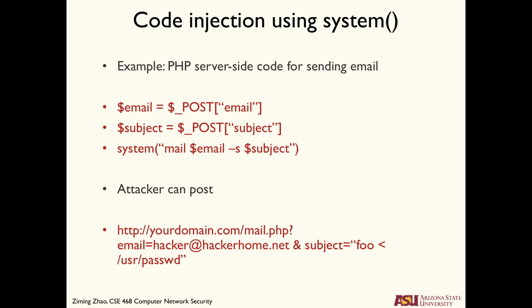If we put this into the system function, the system will read whatever file you put there, use that as the subject of that email, and send that email back to the attacker. So the attacker can steal whatever file is on the web server in this case.